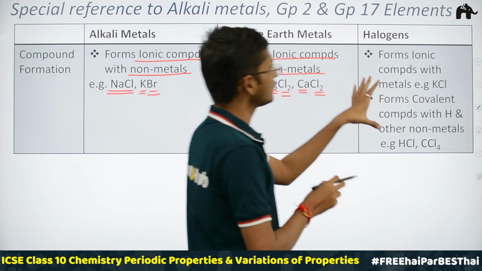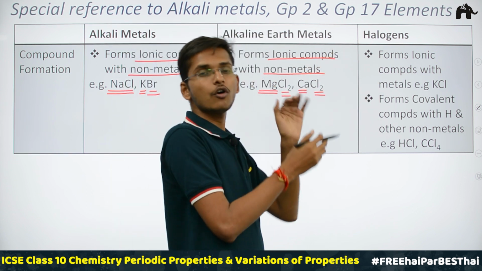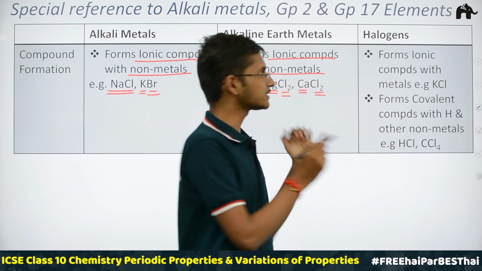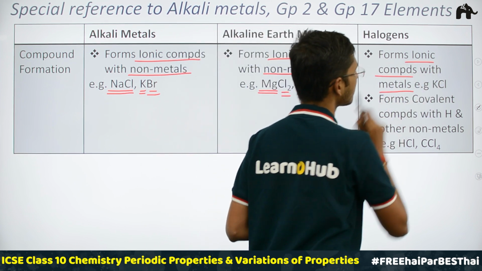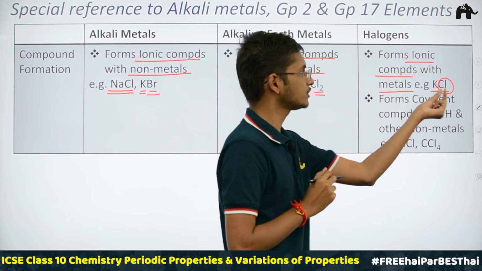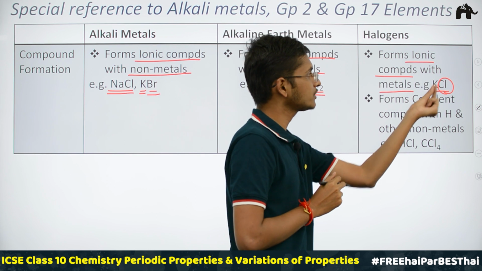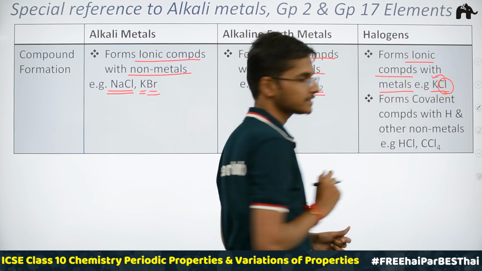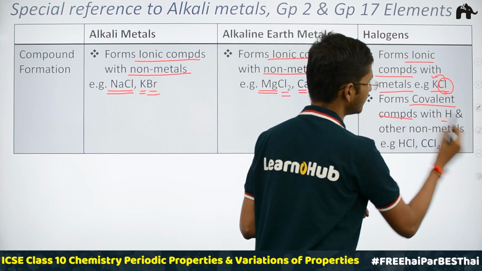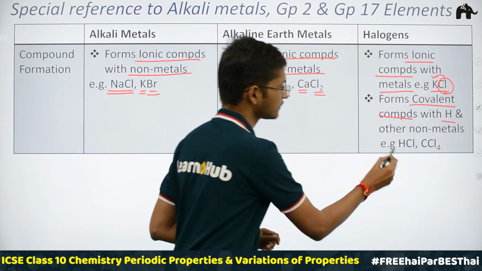In the same way, halogens also form ionic compounds with metals, because halogens are non-metals. An example is KCl, where the non-metal halogen forms an ionic compound with the metal potassium. They also form covalent compounds with hydrogen, like HCl.